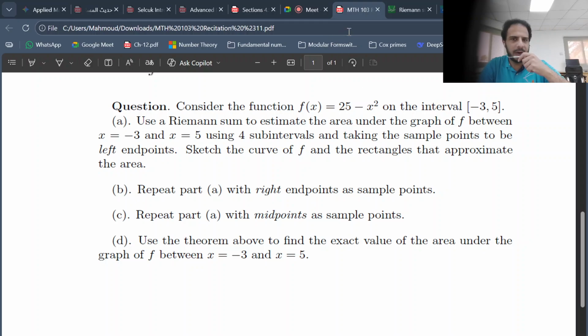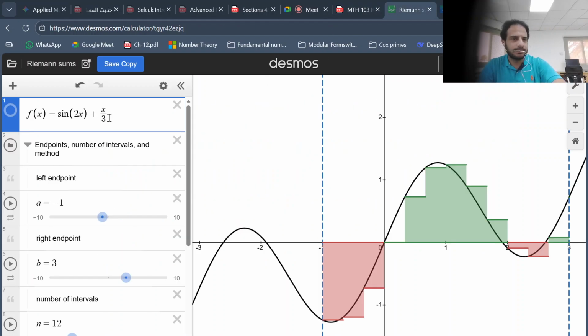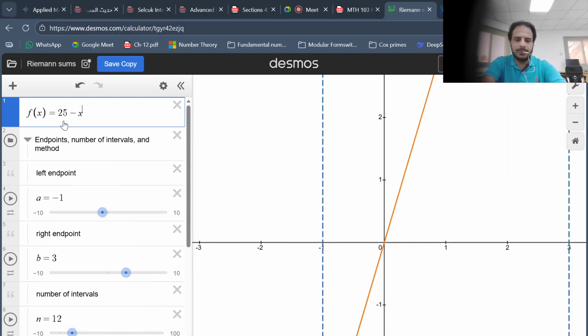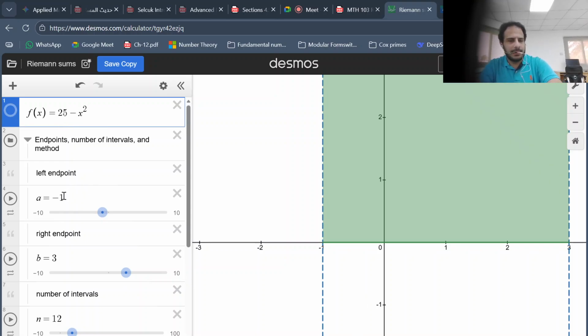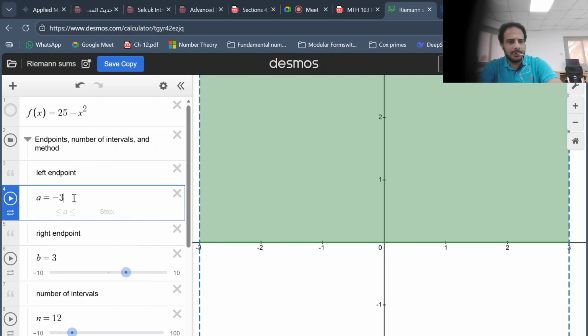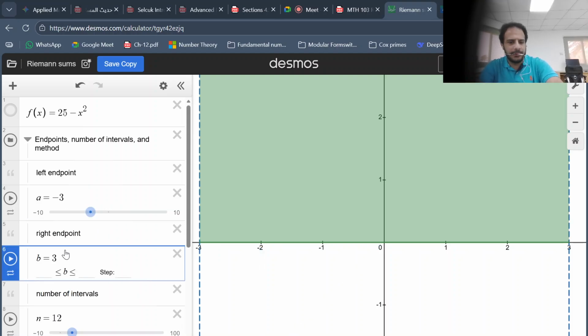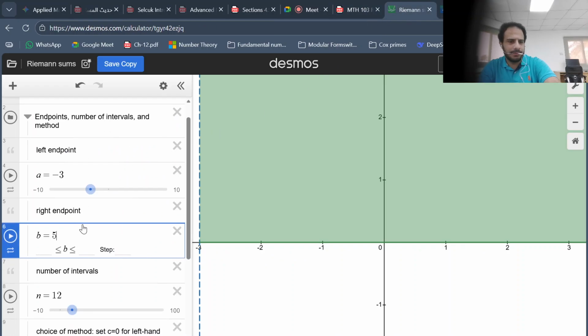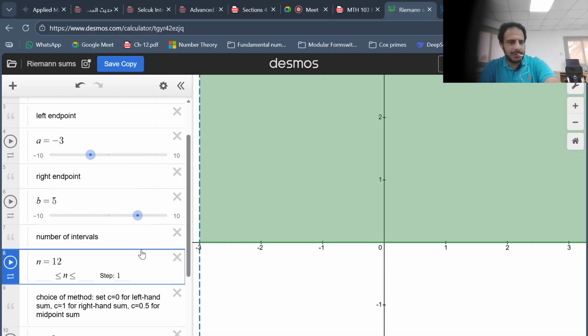The function 25 minus x squared. We want it from minus 3 to 5, right? Yes, minus 3 to 5. We want 4 rectangles. Here n is the number of rectangles.